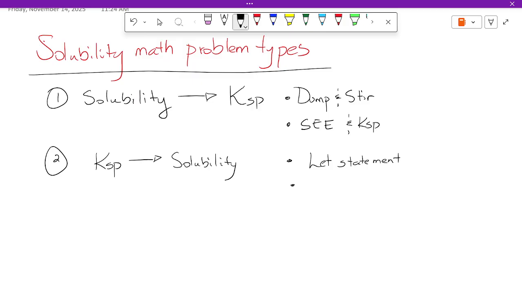You will use the solubility equilibrium equation and you will use KSP. This is also dump and stir. So the first 2 types are dump and stir.